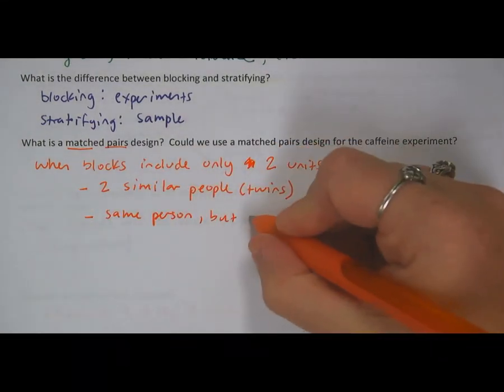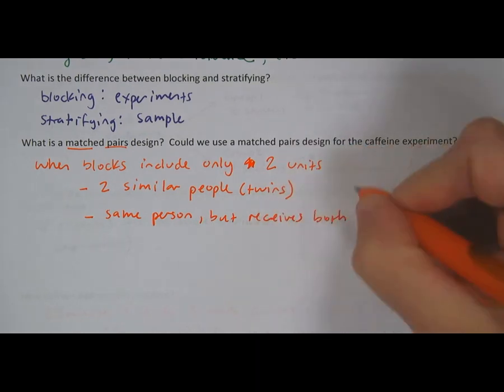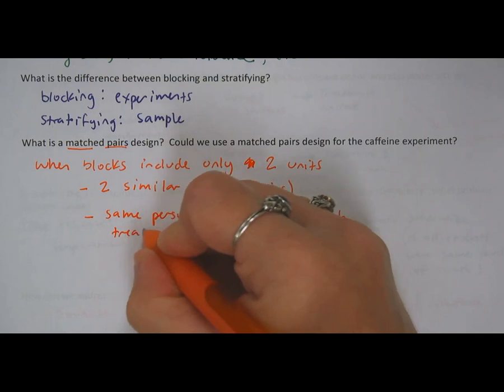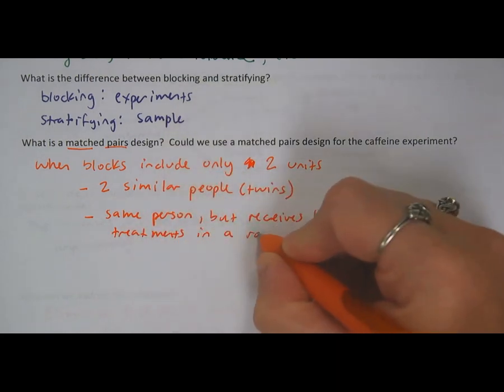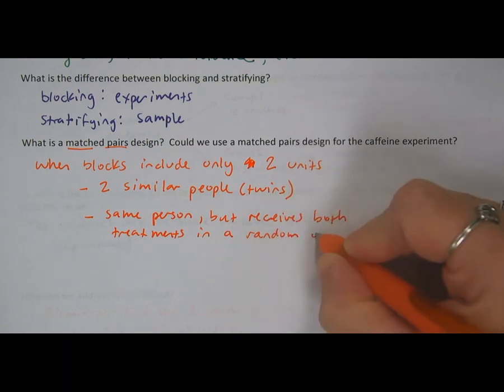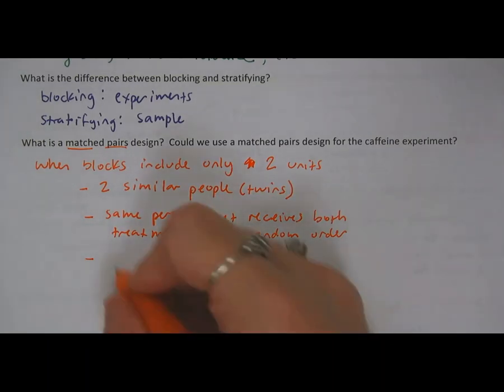I'll give you an example. Specifically in a random order. Blocks have to have random assignment within the block.